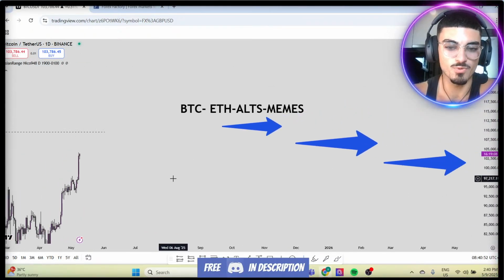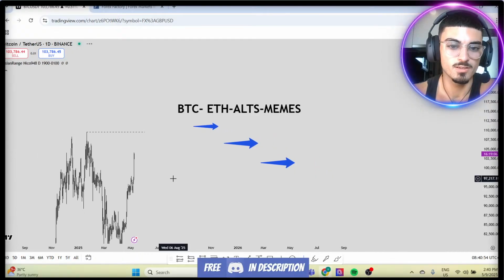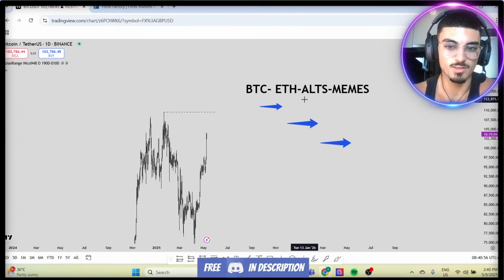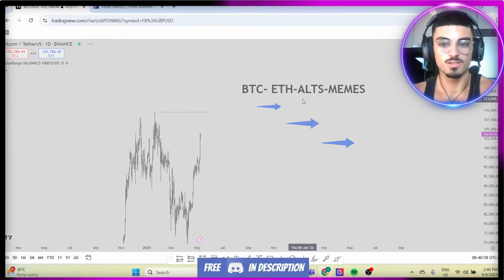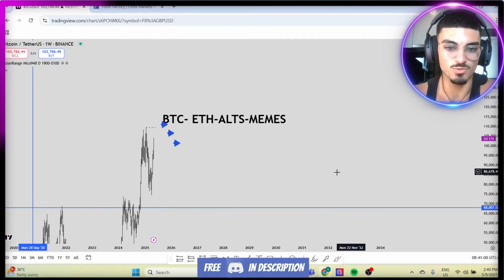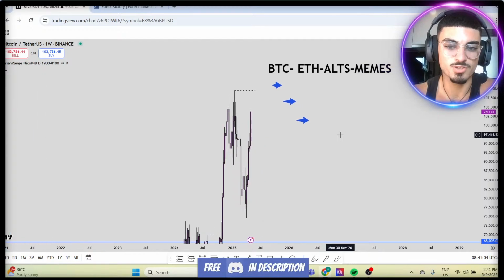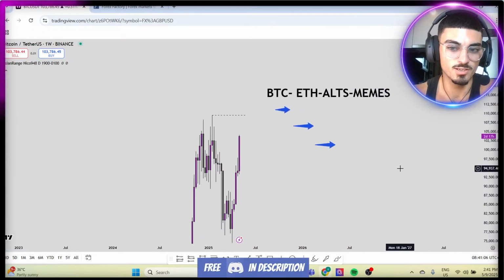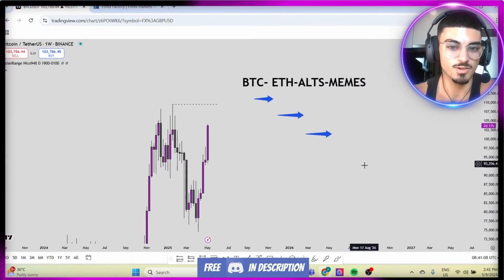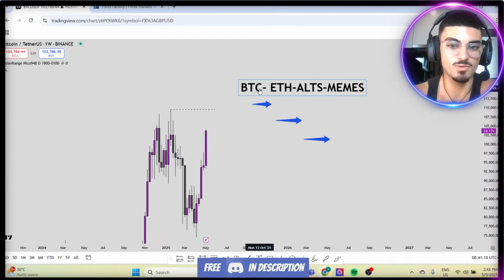This is the cycle for crypto. It goes Bitcoin, then Ethereum, then altcoins, then meme coins. So if we know this is the cycle, which it is, then all you need to do is apply logic and think, okay, Bitcoin is pumping right now.